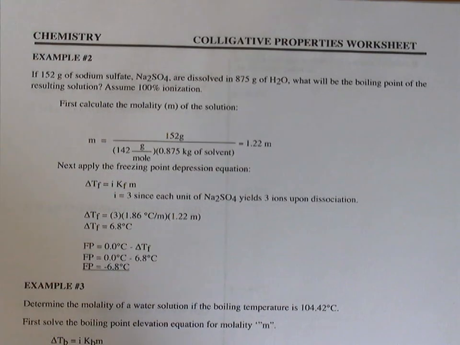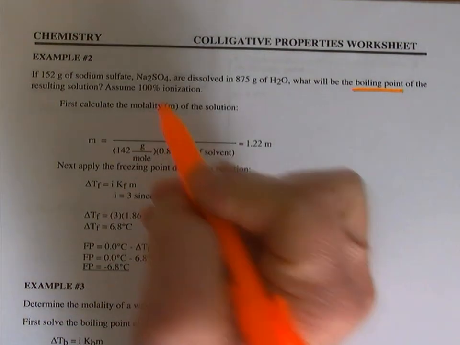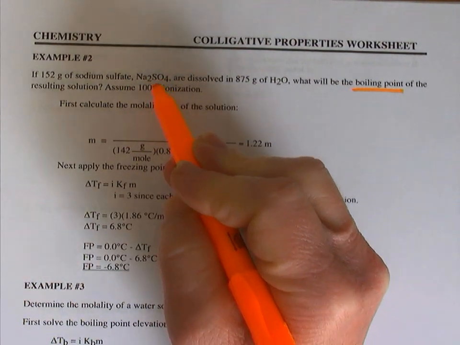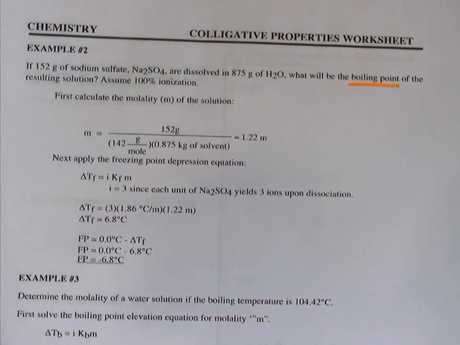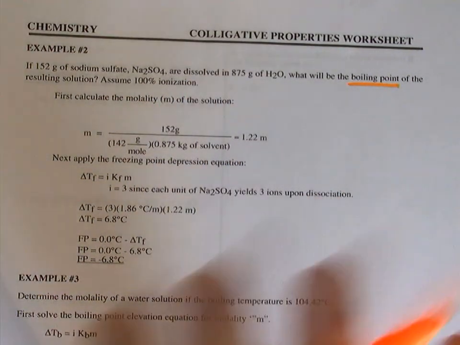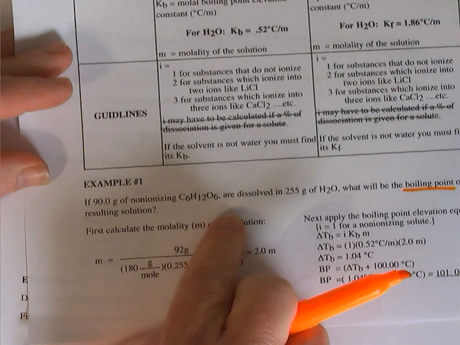Here's another boiling point question, but it is dealing with a solute that will dissociate in solution. Sometimes they loosely use the term ionization, but we know better: ionic solutes dissociate. This, however, is a covalent solute.